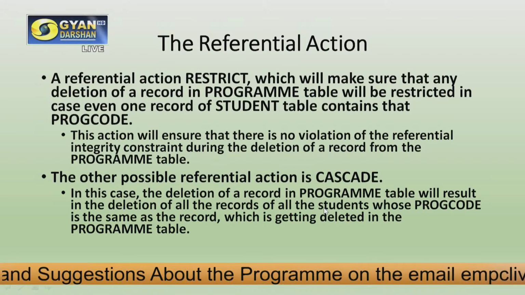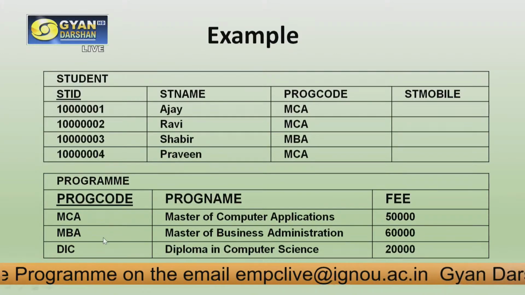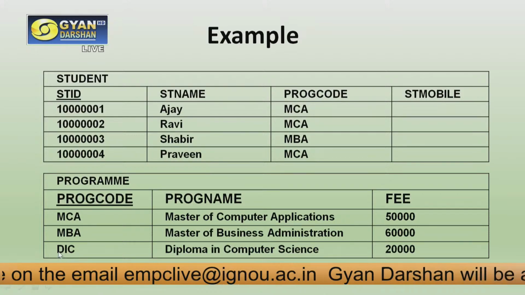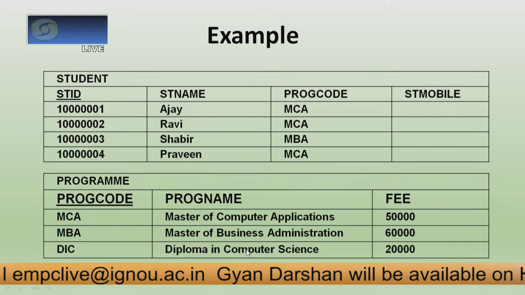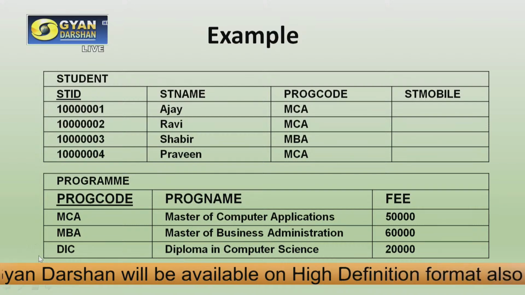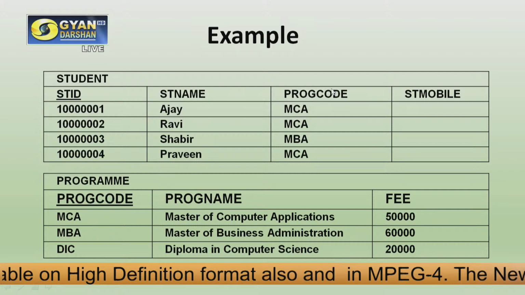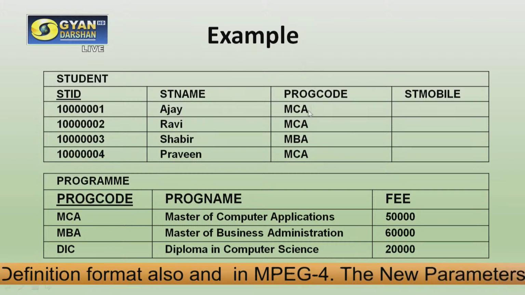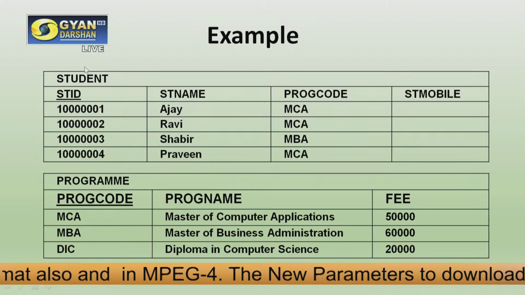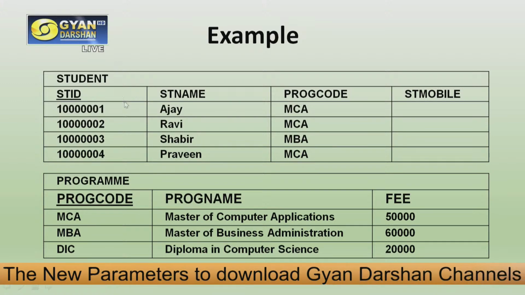It will delete all the records. What does it mean? Suppose you want to delete the record DIC, Diploma in Computer Science. This is no longer on offer, so I want to delete that record. I can do that because there is no record in the student table referencing it.